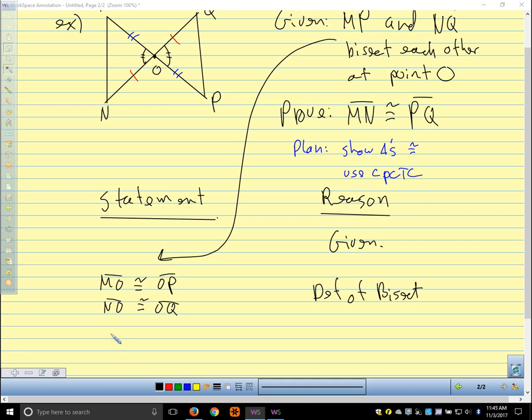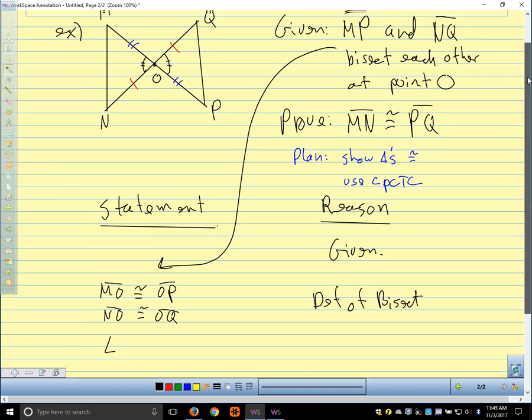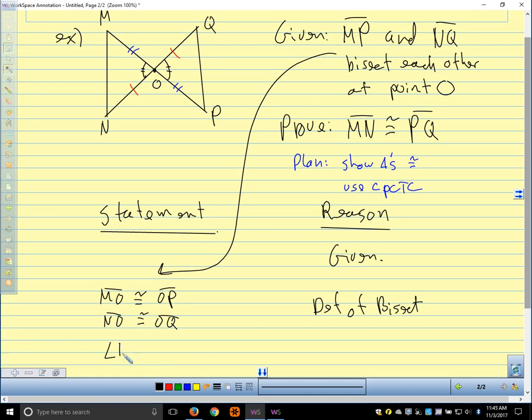Vertical. So we would say angle MON is congruent to angle, and I'm going to write it the other way, POQ. And that is vertical angles.